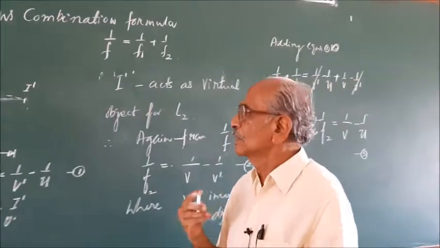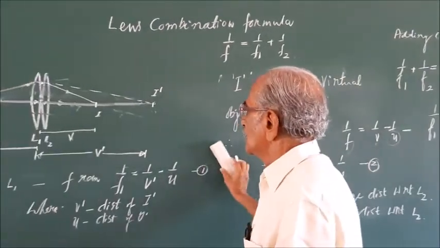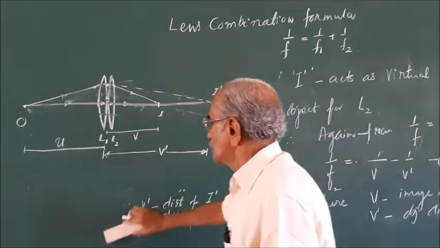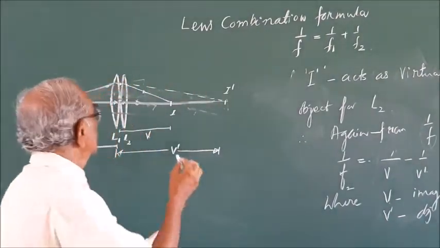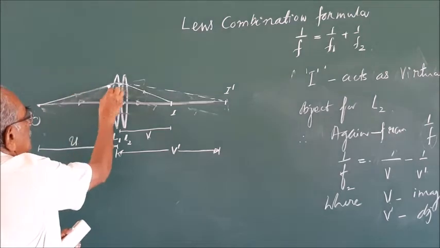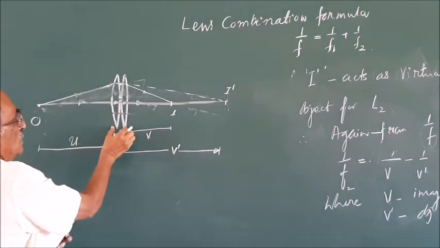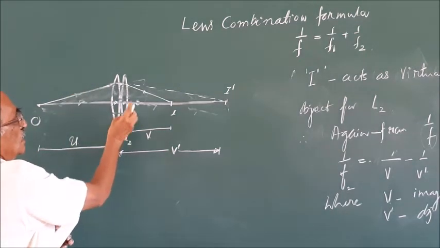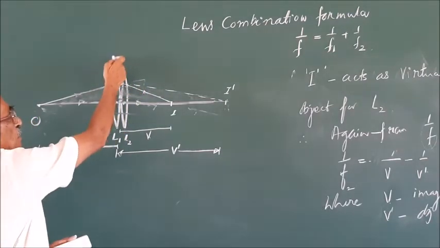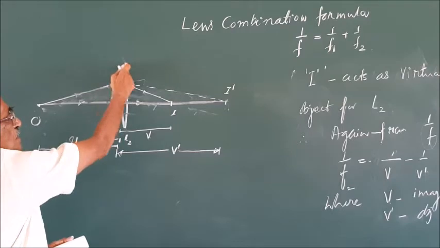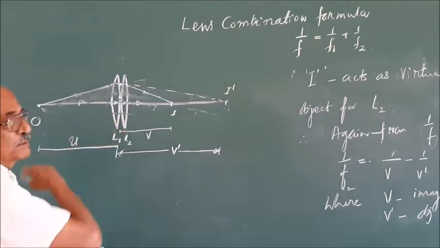Now, observe, what are these lenses doing together? Light coming from O, after refraction through both the lenses, would form an image here. Now, let's suppose I keep a single lens which does the same function.